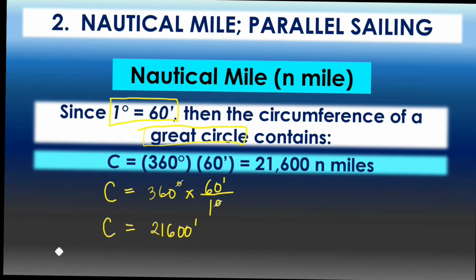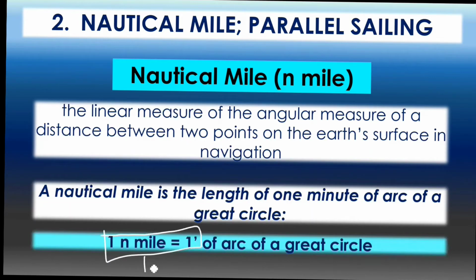Next. Remember, based on the previous slide, 1 minute is equal to 1 nautical mile. So it means 1 nautical mile is equal to 1 minute, or 1 minute equals 1 nautical mile.